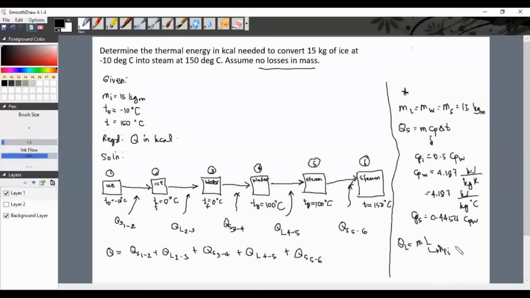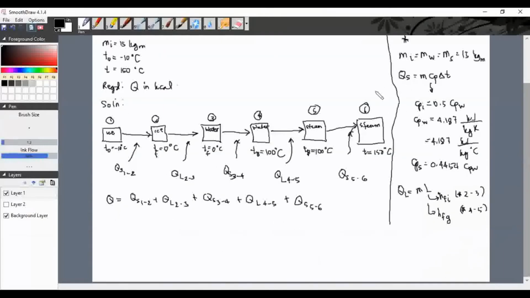And then, let's say this is for condition 2 to 3, no? Also, kung i-convert naman natin yung water to steam, let's say condition 4 to 5, and vice versa, so kailangan naman natin yung latent heat of vaporization, no? So, ano ba naalala natin sa mga value na yan? Okay?